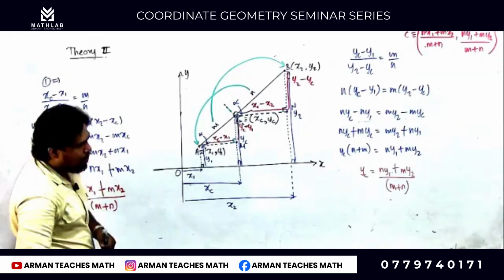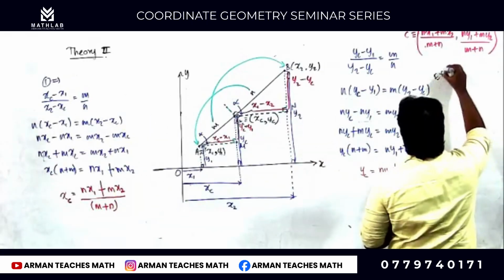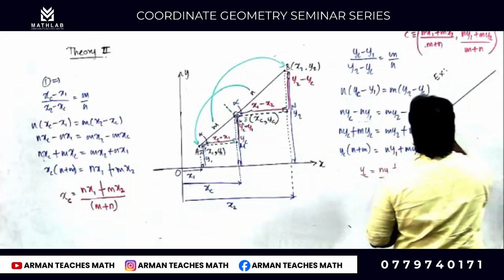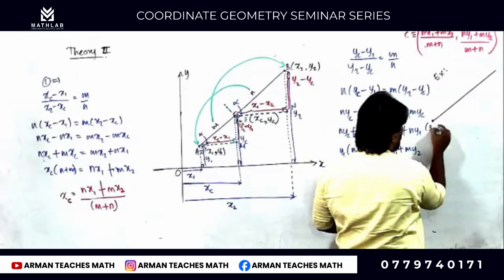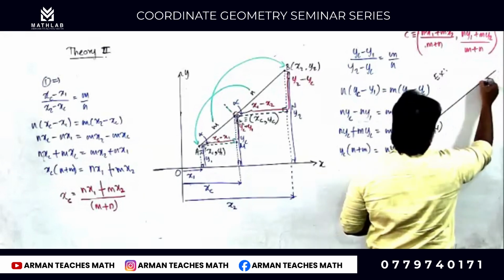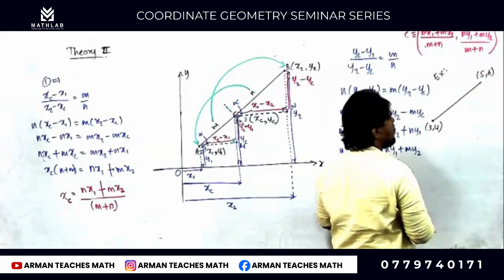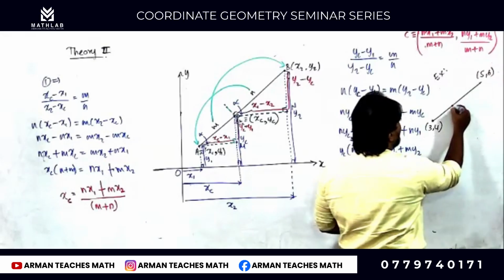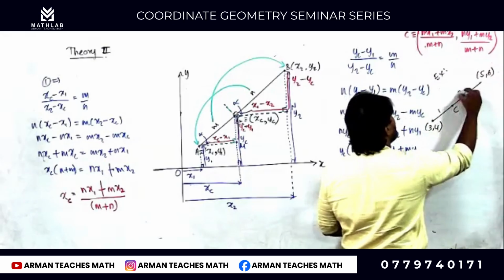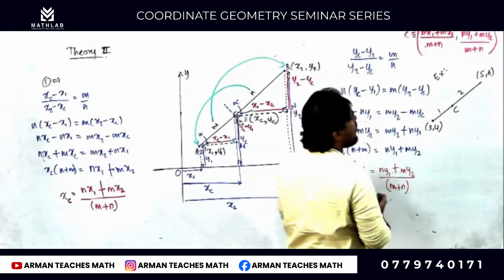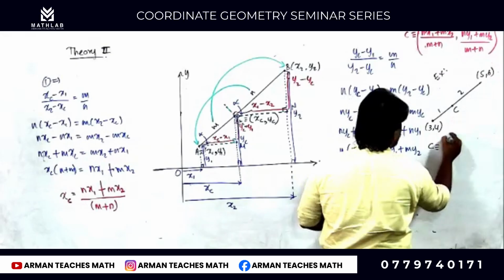If I give you an example, let's say we have a straight line segment. This coordinate is (3, 4), here we have (5, 6), and there's a point C which divides this segment in the ratio 1:2. How do we calculate C's coordinates?